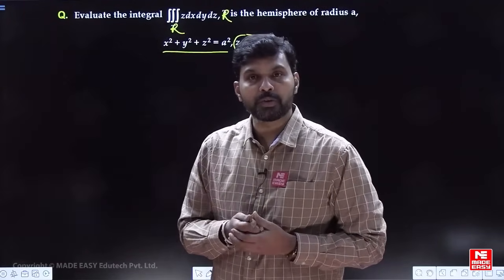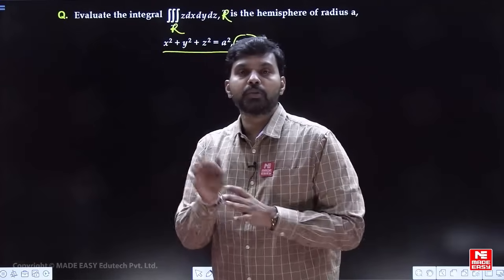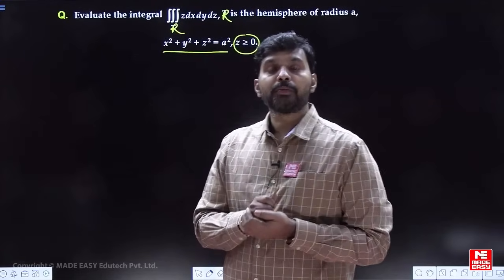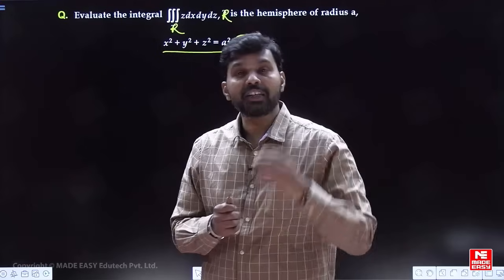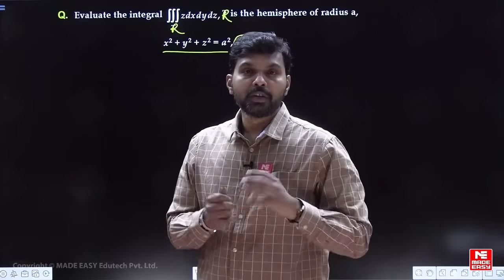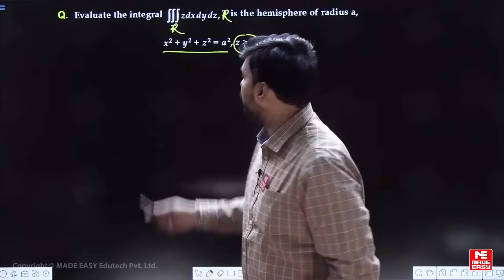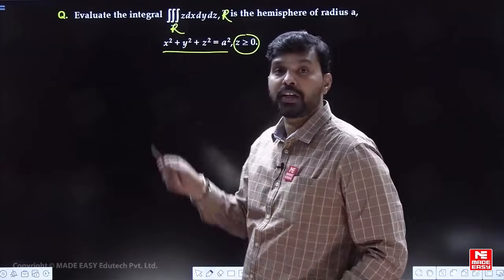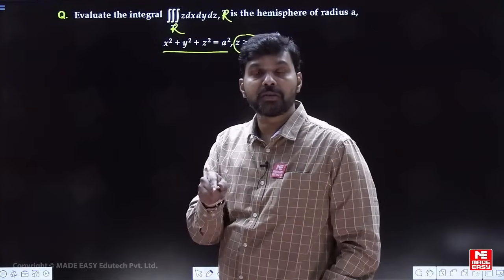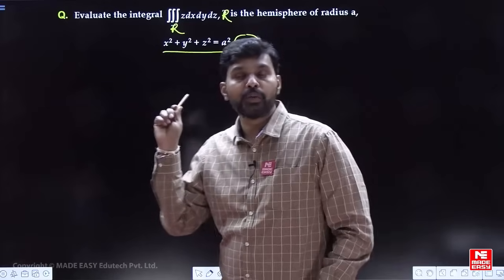It will be a lengthy process. So to make it simpler and faster, the concept we have to use is the change of variable concept. By using it, we can transform this integral into the spherical coordinate system, and thereby we can evaluate this integral.